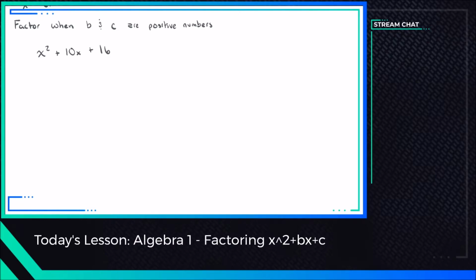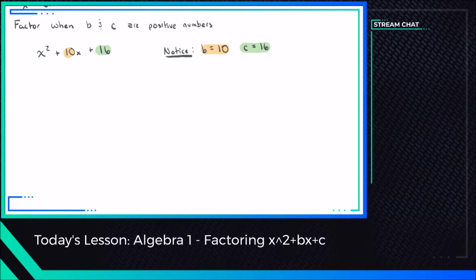The first thing I want you to notice is what our b and our c are equal to. B is the number in front of x, or 10, and c is the number on the end, or 16.